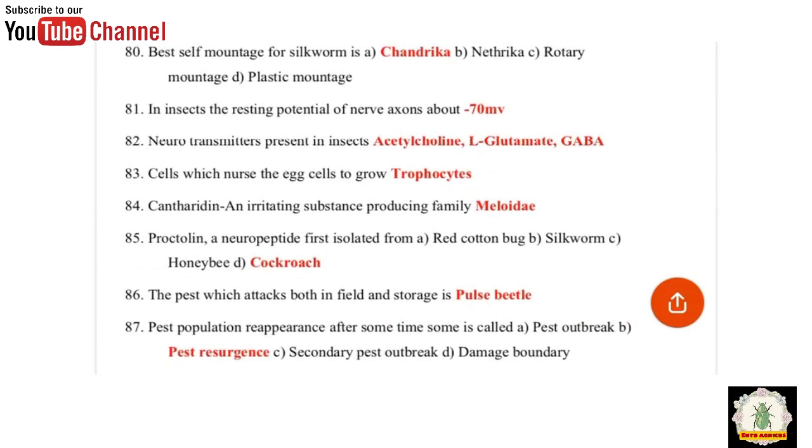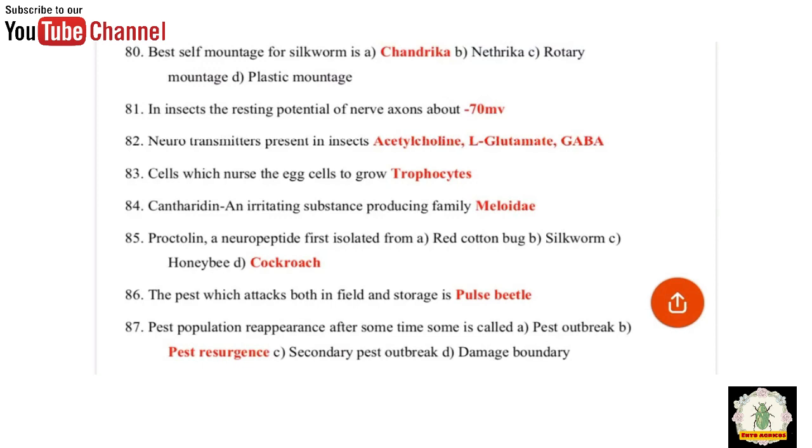Pest population reappears after some time is called pest outbreak, pest resurgence, secondary pest outbreak, or damage boundary. The correct answer is pest resurgence.